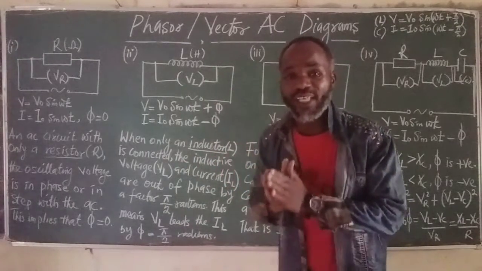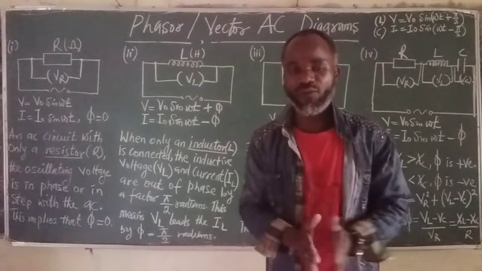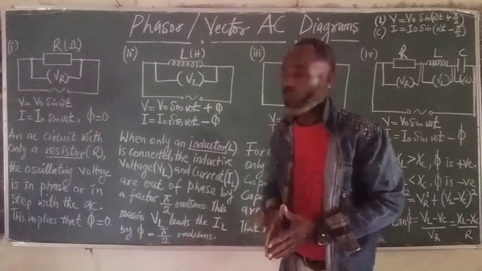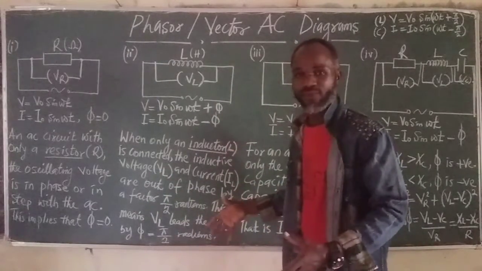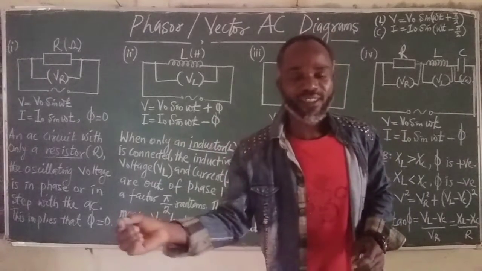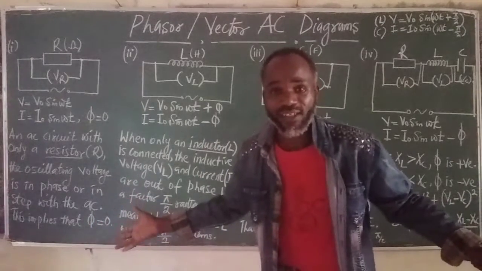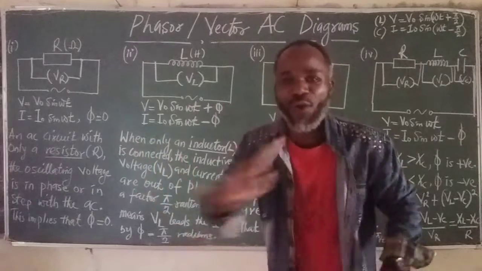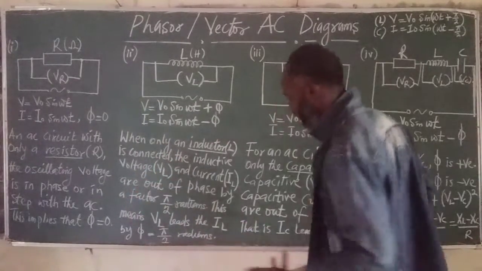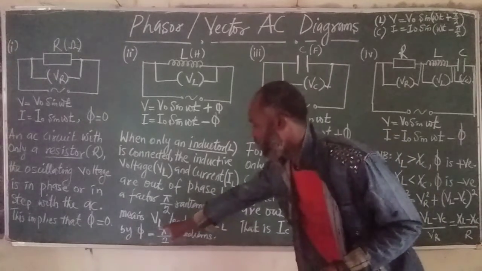When an inductor is connected, how does voltage behave? And at the same time, how does current behave? When an inductor is connected, the inductive voltage and the inductive current fall out of phase. They are out of phase by a certain factor, pi over 2 radians. And that pi over 2 radians is as a result of what is leading now, which is voltage.